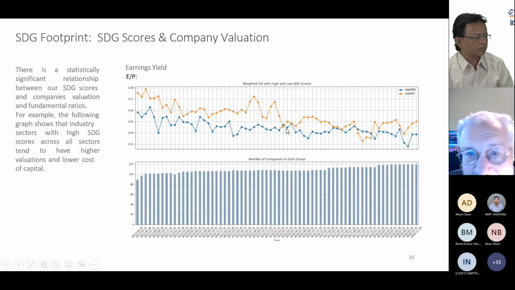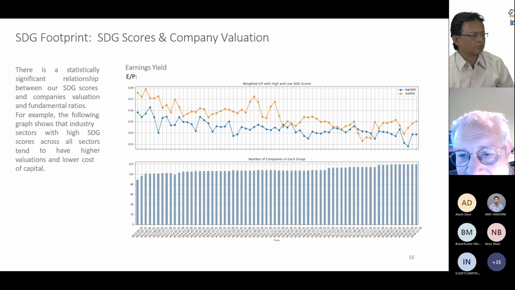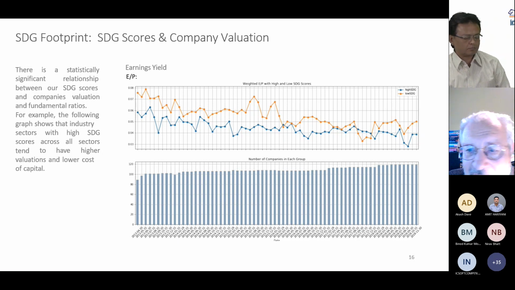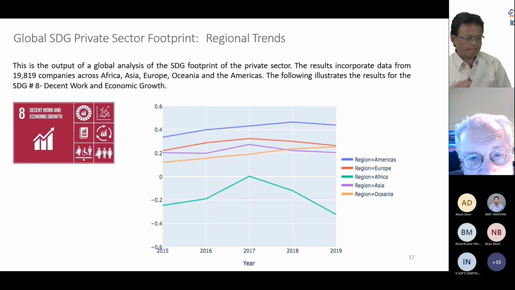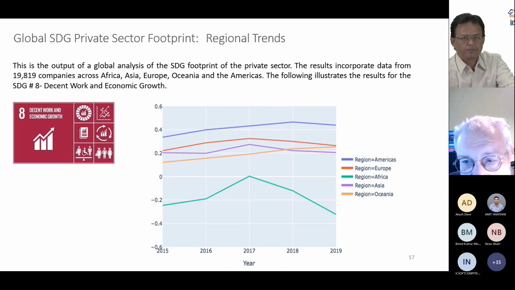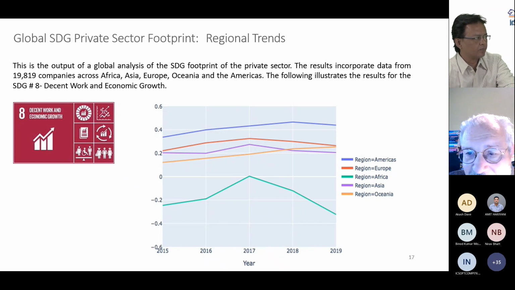Following SDG goals might mean, in our minds, having costs. If you see the graph, we see that if we follow such goals in the long term, we have even better earnings for corporate companies.